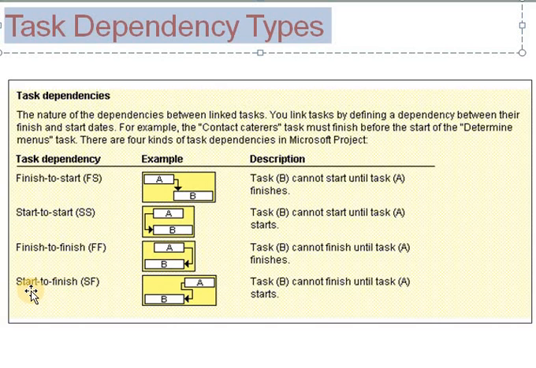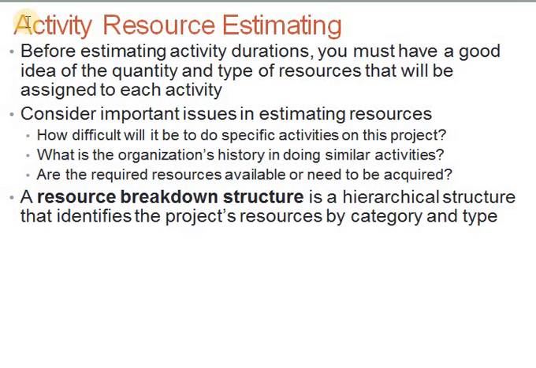The last type of dependency is start to finish, in which task B cannot finish until task A starts. So in general, there are 4 types of task dependencies: finish to start, start to start, finish to finish, and start to finish. So the next thing that we will consider here is basically activity resource estimating.